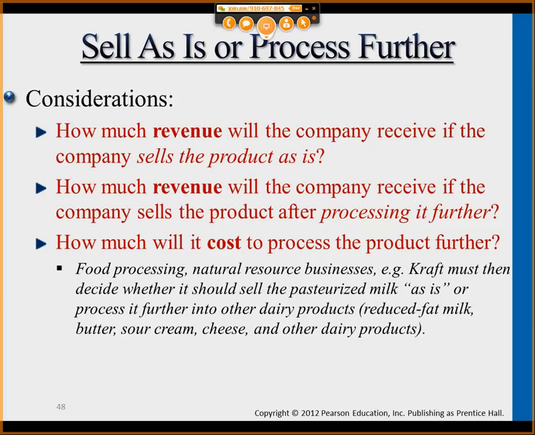Kraft must decide whether it should sell pasteurized milk as is or process it further into some other dairy products, like cheese, sour cream, and such. Now, one thing is to just sell milk. The other thing is to process it further and have some other products to sell. Okay? So let's look at an example.